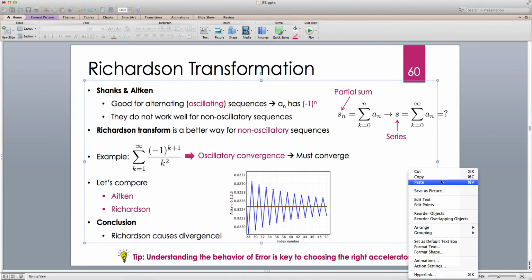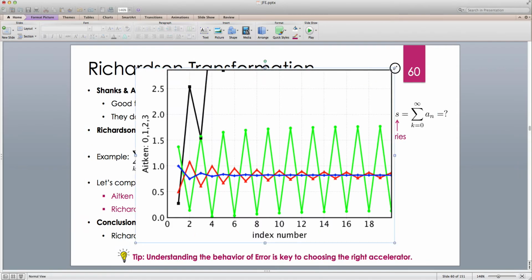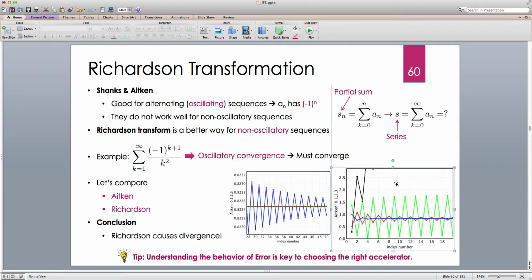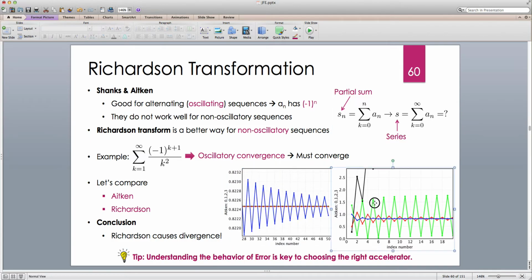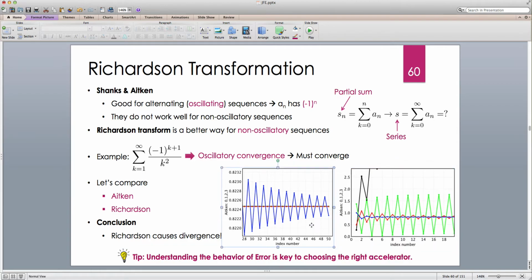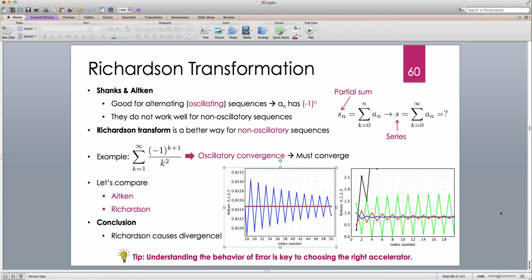So just be careful when you're trying to sum sequences. Just try to get a feeling for the behavior of the error, and whether it's alternating in signs, if it's oscillatory.